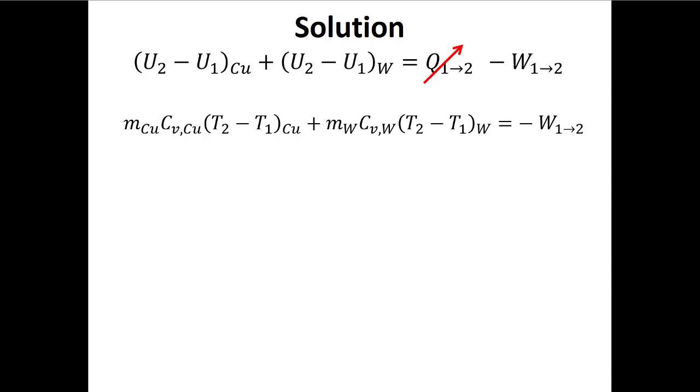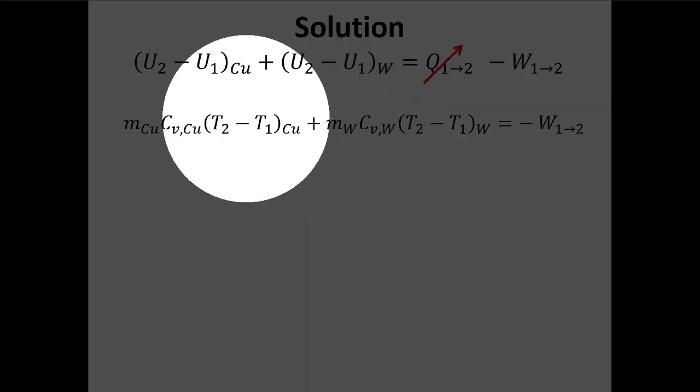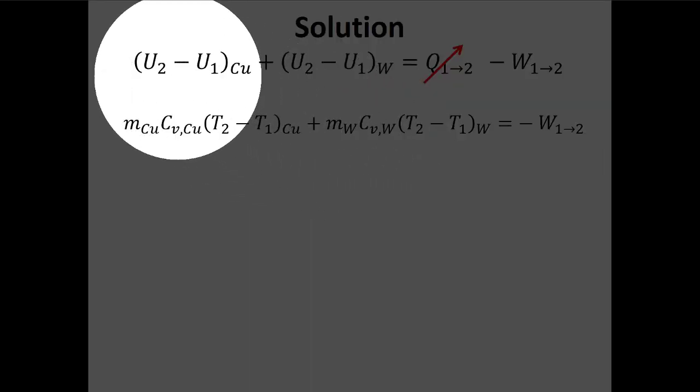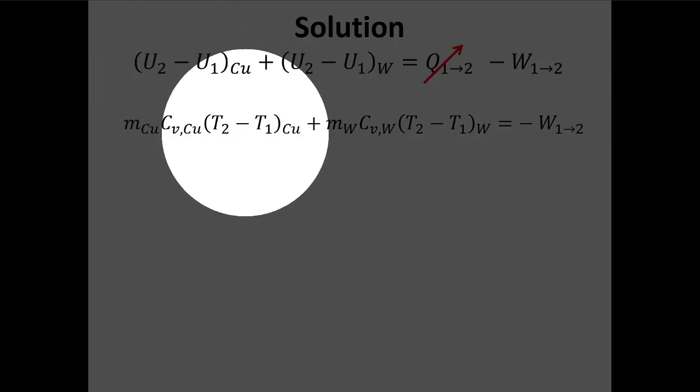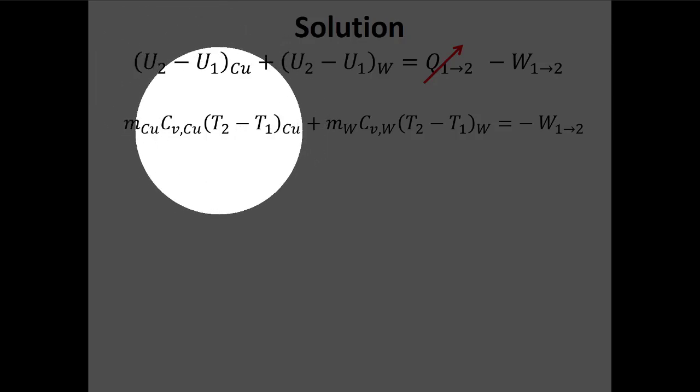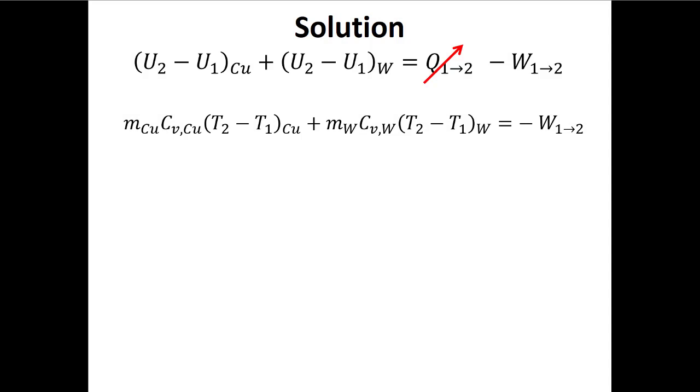Notice I don't just get to pick willy-nilly which temperature difference I'm using, because in the first law, my change in internal energy was U2 minus U1. The temperature change I have to pick is T2 minus T1: the temperature at the end of my process minus the temperature at the beginning.